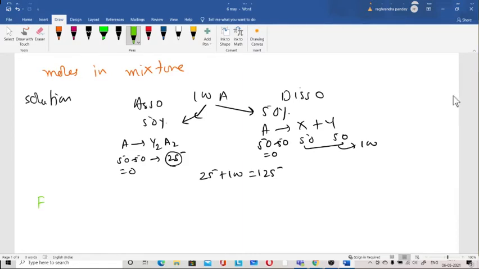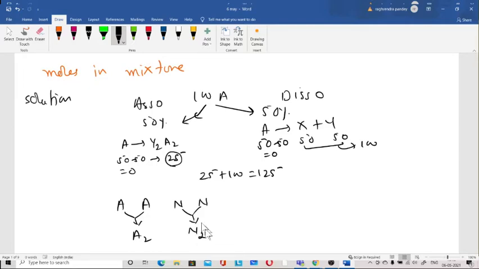Any doubt? Sir, in the association part, can you explain once again? See, association is your dimerization. When I write association, it means A and A are combining to give A2, just like I told you last time, it is N2.